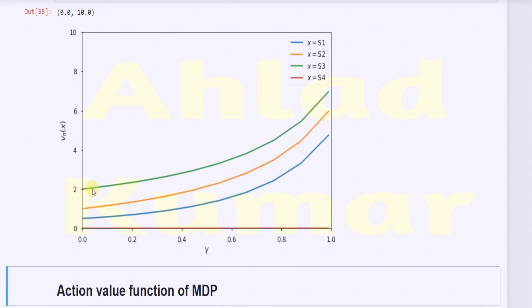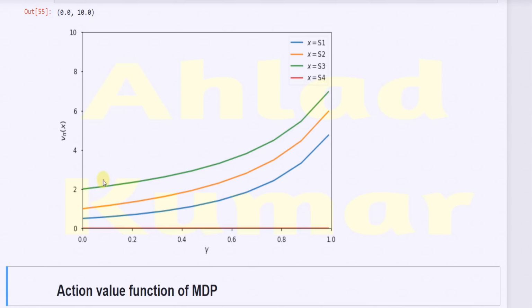You can again see it's increasing, and being in state S3 is always profitable for various values of gamma. If you are short-sighted, interested in immediate rewards, then also being in state S3 is profitable. And if you take the long-sighted approach where gamma is 1, then also state S3 is always profitable.